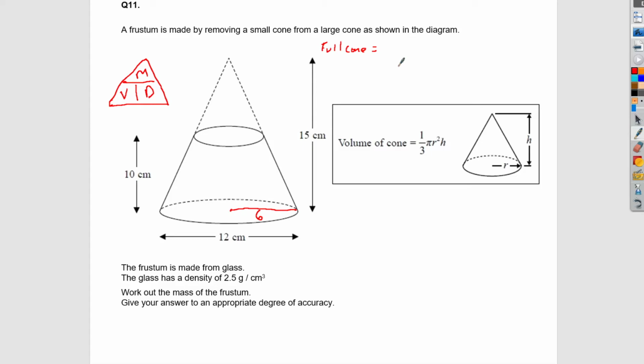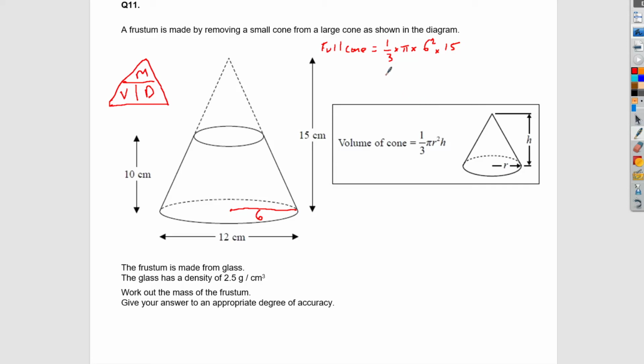So let's just sub it in this equation. We've got 1/3 times pi. Pi is 3.142 in the calculator if you want to approximate it, and times the radius 6 squared, and then we'll multiply by the perpendicular height, which is 15.